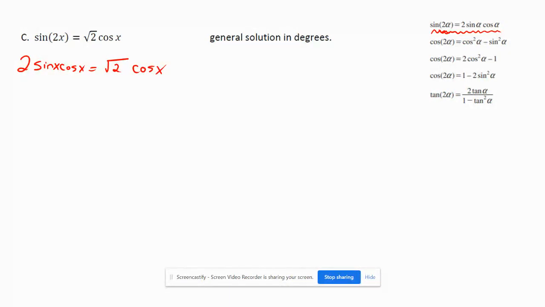Okay, we're going to set one side equal to 0. So we have 2 sine x cos x minus square root of 2 cos x equals 0. And we have a common factor of cosine x.